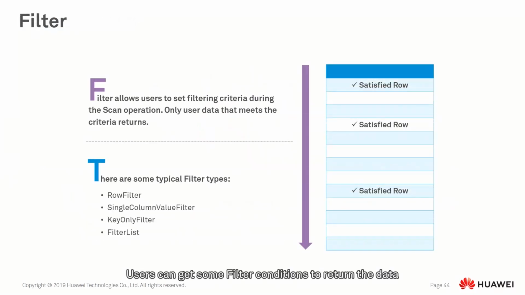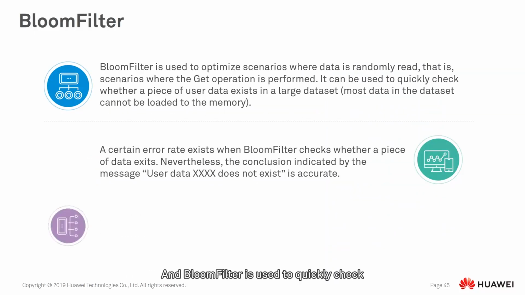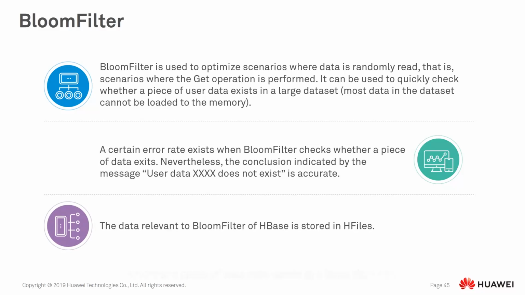Users can set some filter conditions to return the data that matches the specified conditions. There are some typical filter types like row filter, single column value filter, key only filter, and filter list. And Bloom filter is used to quickly check whether a piece of user data exists in a large dataset.